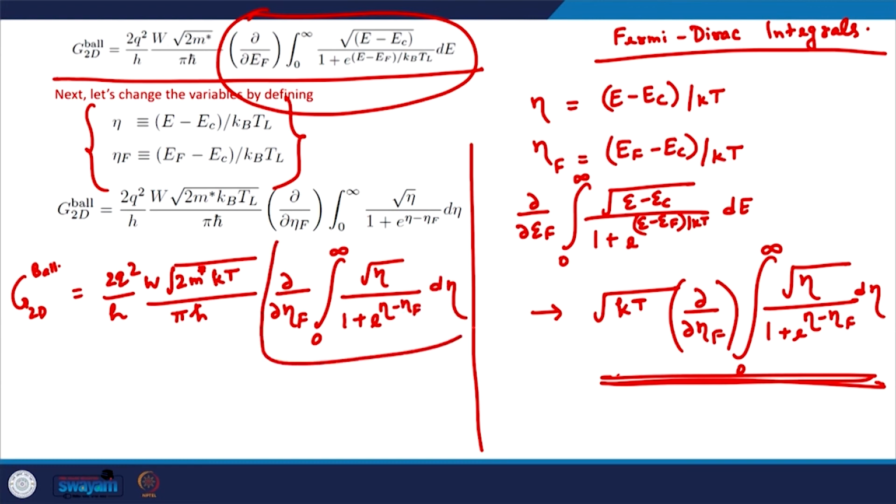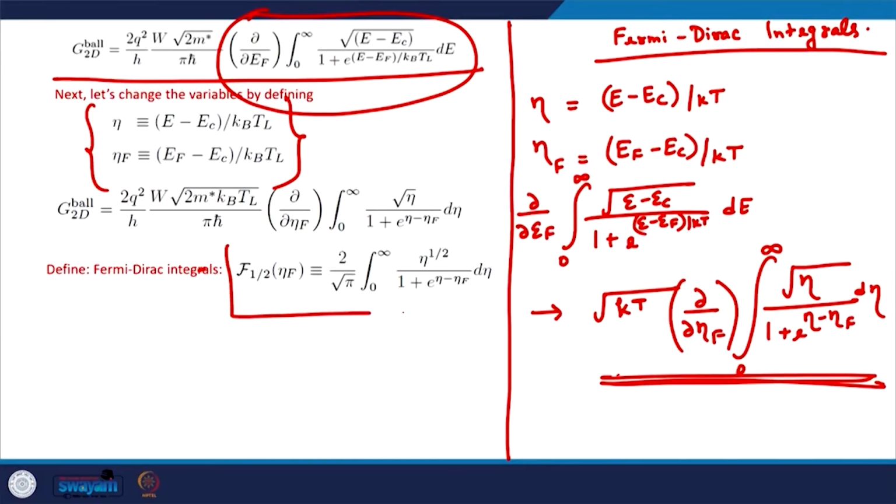These kinds of integrals are known as the Fermi-Dirac integrals, and depending on the power of eta in the numerator inside the integral, the order of the Fermi-Dirac integral is defined. In this case the power of eta is half, so this is the Fermi-Dirac integral of order half.